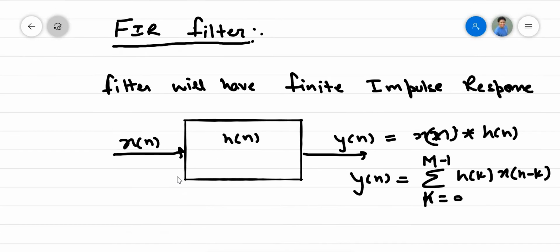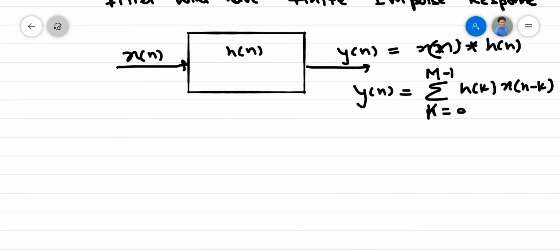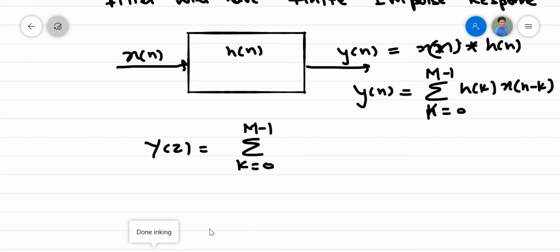Now if we take the Z transform of this difference equation or this convolution, we will get Y(z) equal to summation k equals 0 to M minus 1 of h(k) z to the power minus k into X(z).